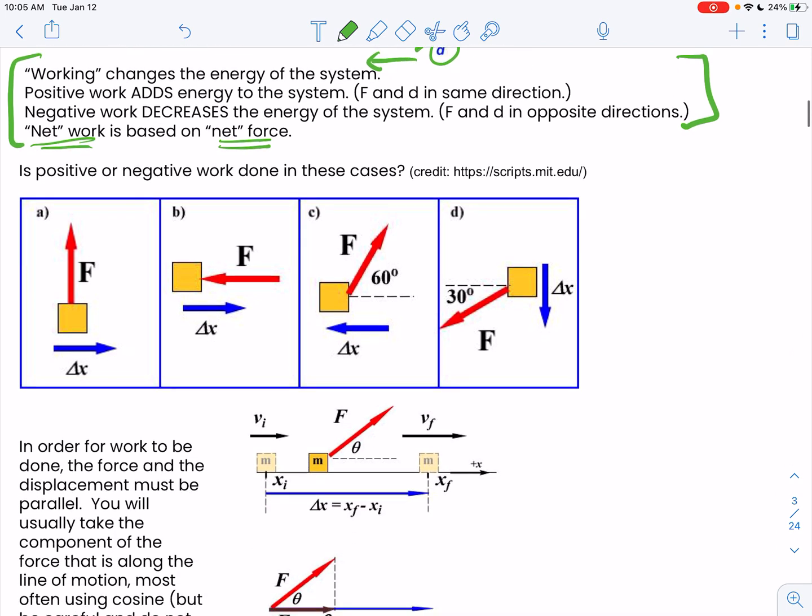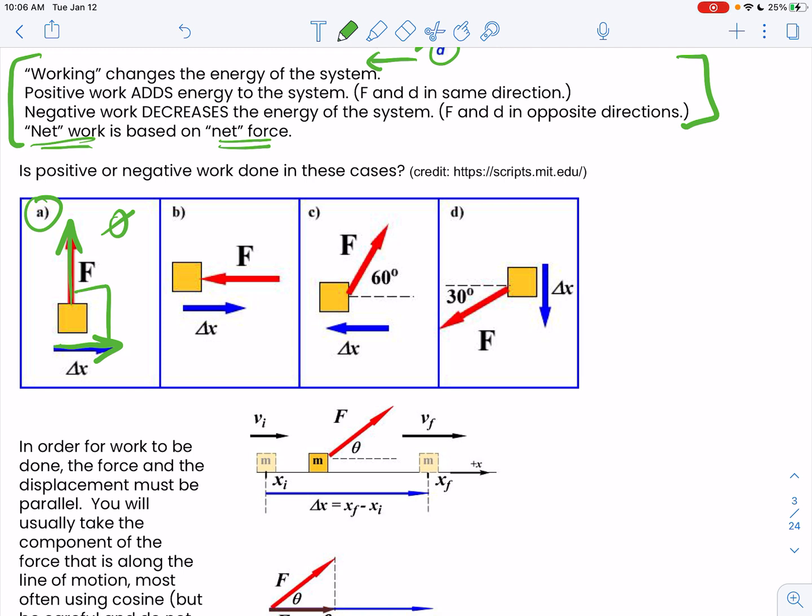Is positive or negative work done in these cases? Okay, so in part A, if my displacement is to the right and my force is up, that's a 90-degree angle. So that's going to be no work done, because none of that force is in the direction of the displacement. That would be like, for example, carrying a tray of drinks across the room.